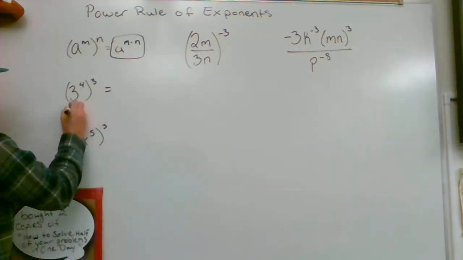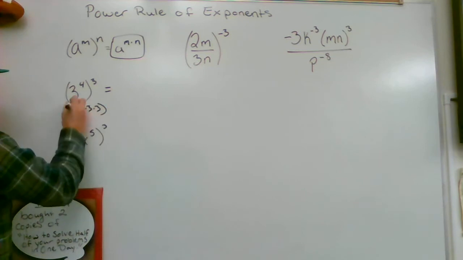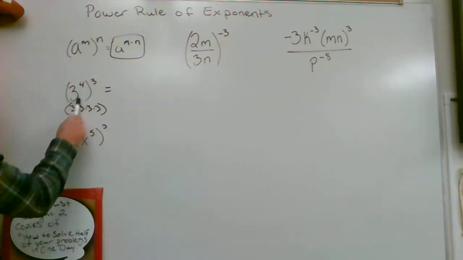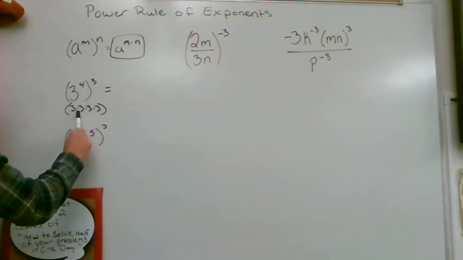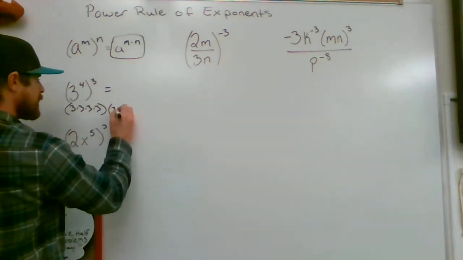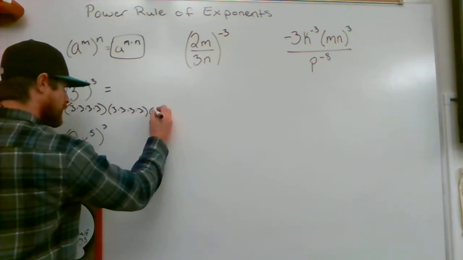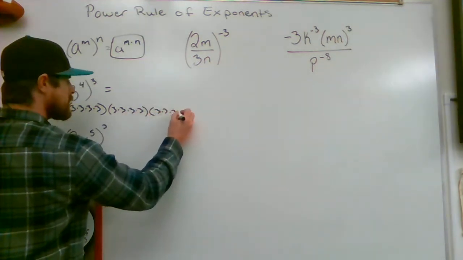3 to the 4th power is 3 times 3 times 3 times 3, 4 times. But then we're taking that information, 3 to the 4th, and they want us to do it 3 more times. So we're going to say times 3 times 3 times 3 times 3. And we're going to do it one more time, 3 times 3 times 3 times 3.